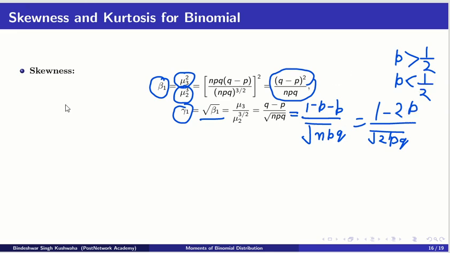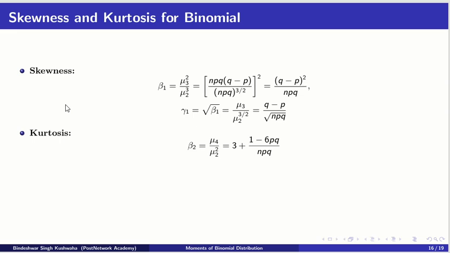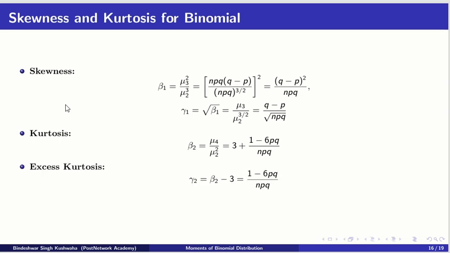In the same way, beta 2, the kurtosis, is equal to mu4 upon mu2 square, which is 3 plus (1 minus 6pq) upon npq, and basically excess kurtosis we use frequently. You subtract 3 from beta 2, and that would be equal to (1 minus 6pq) upon npq.